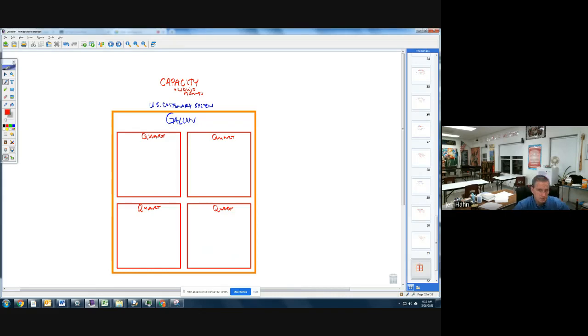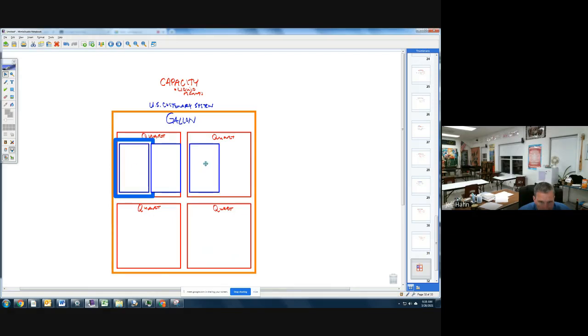And then guess what we're going to do? I'll give you a little time to do that. Inside each quart, you are going to draw 2 smaller rectangles, and you can probably guess what those are. Those are going to be our pints.